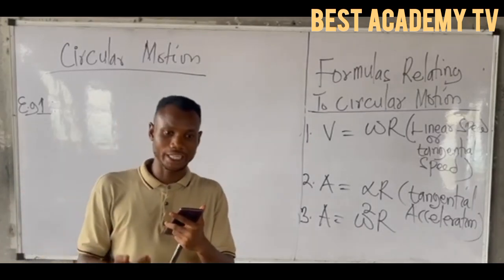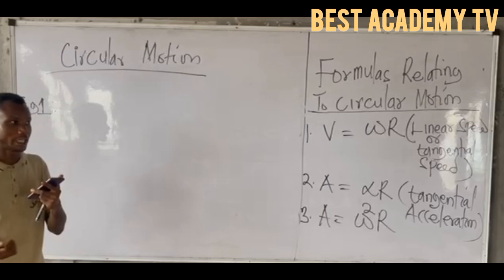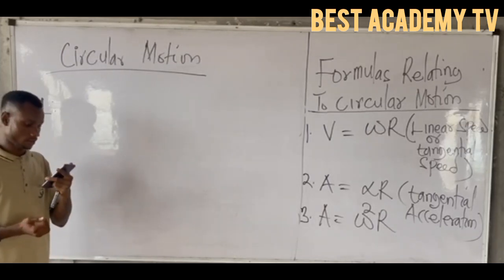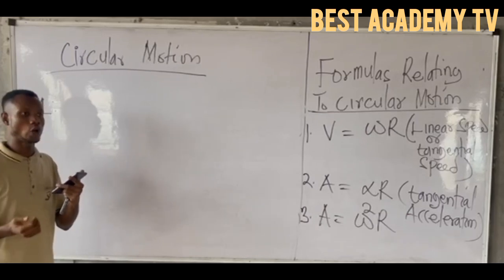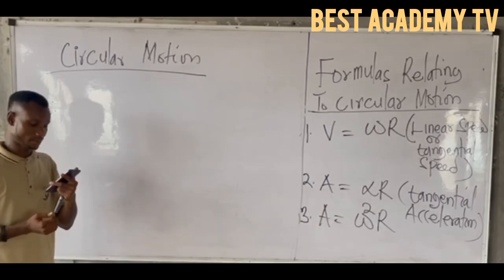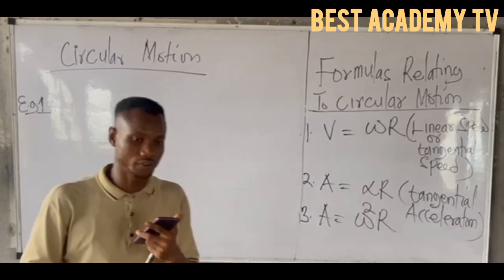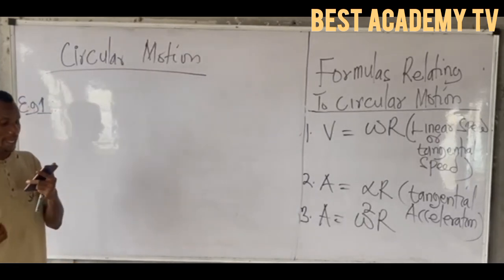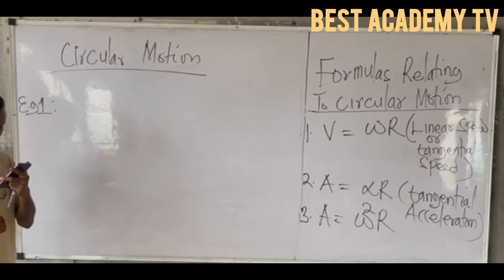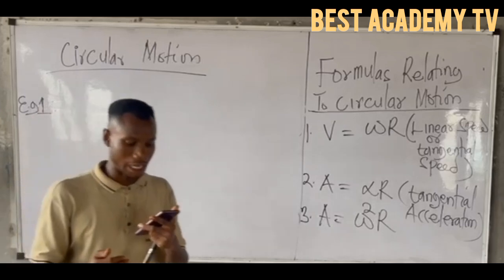A body of mass 200 gram moves in a circular path with radius of 10 meters with a constant speed of 4.0 meter per second.